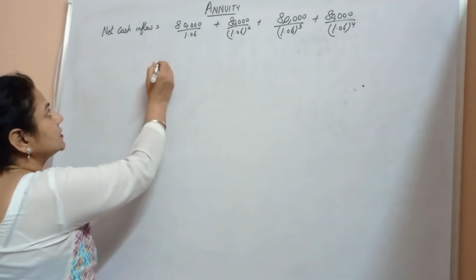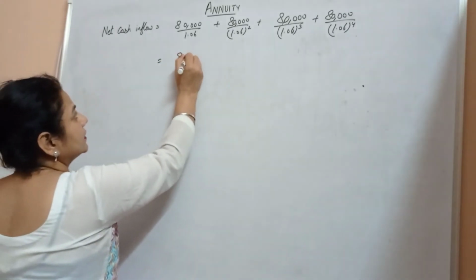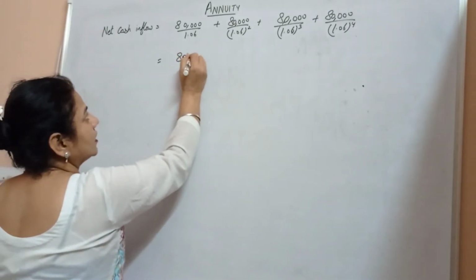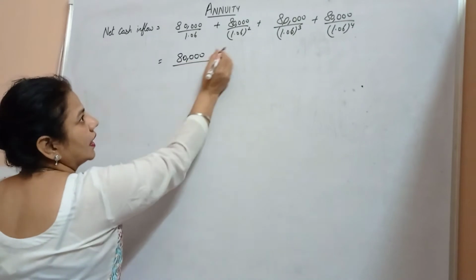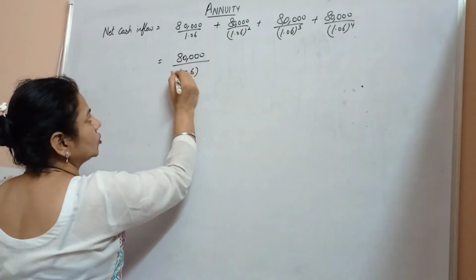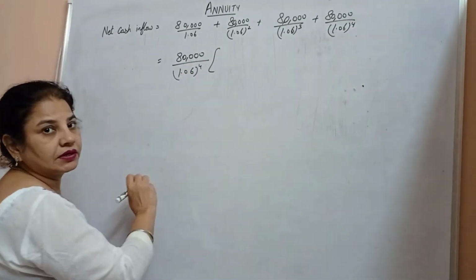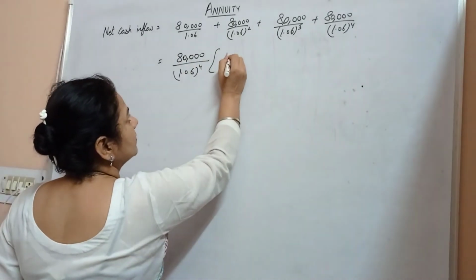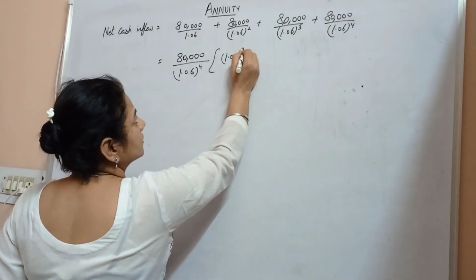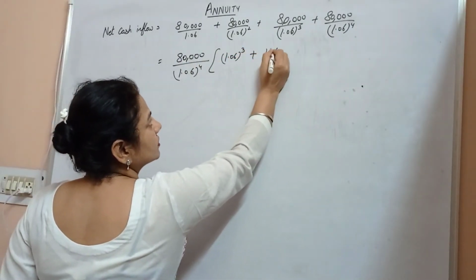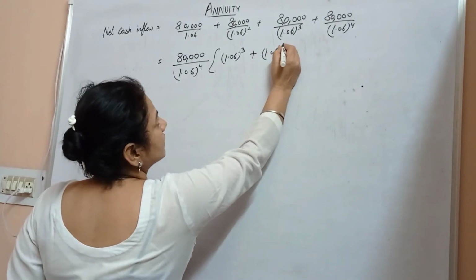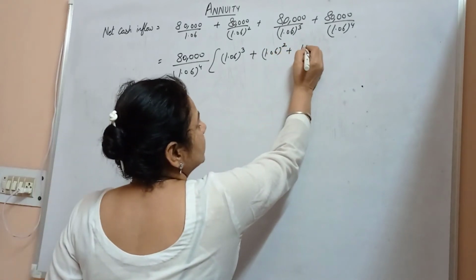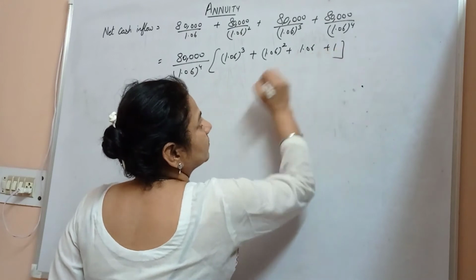Now adding all these, if I take 80,000 in the numerator and 1.06 whole to the power 4 in the denominator, I will get 1.06 whole cube plus 1.06 whole square plus 1.06 plus 1.